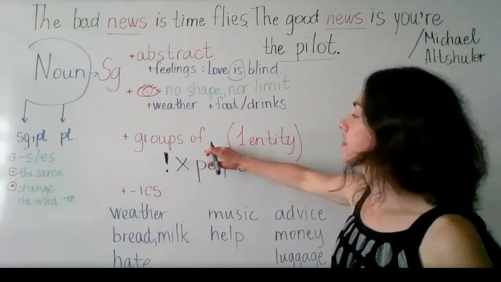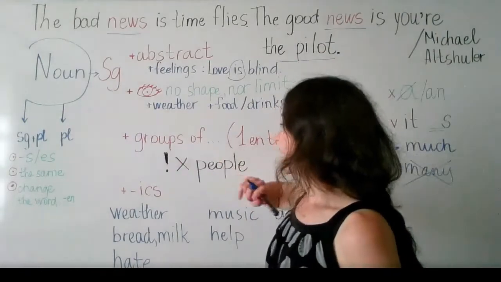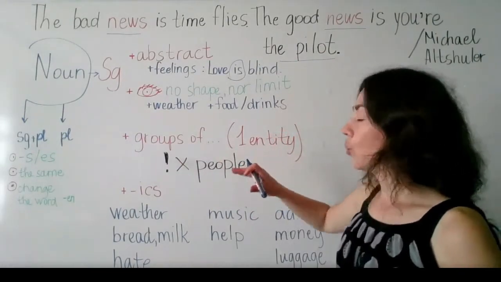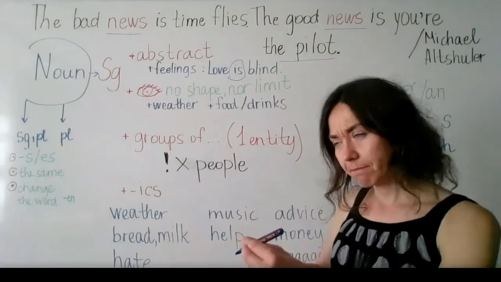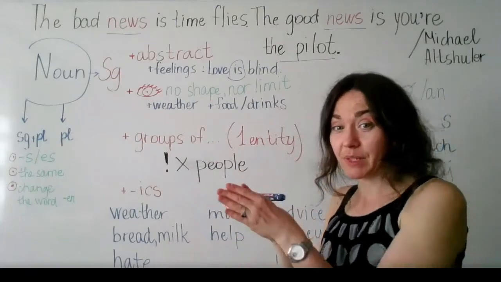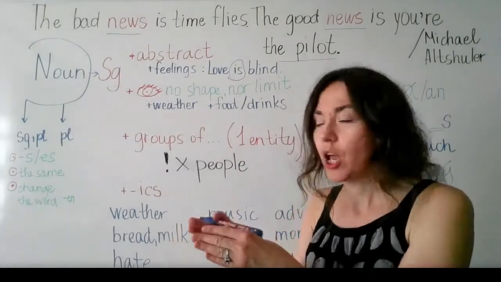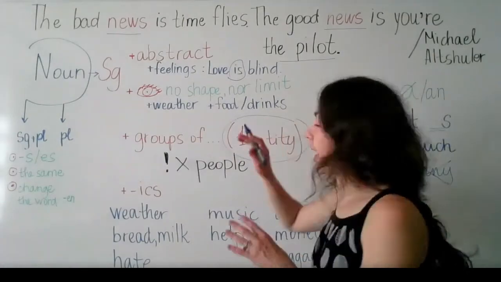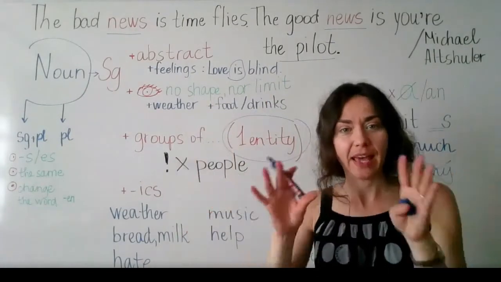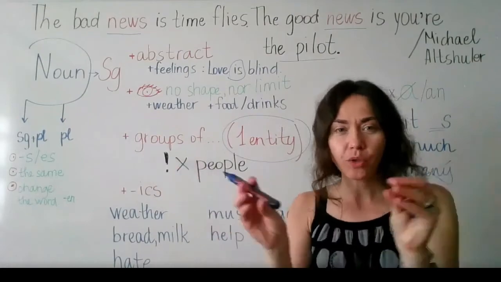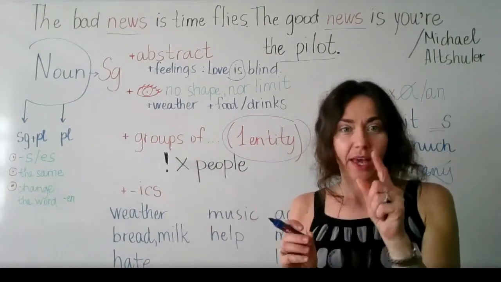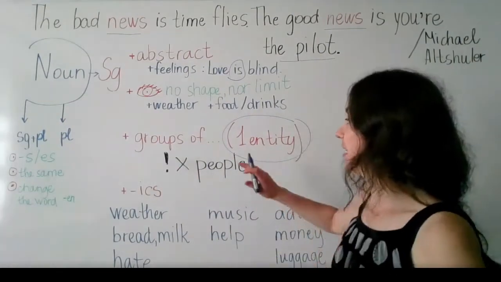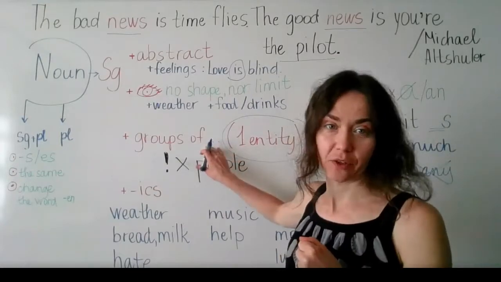Another group of nouns is nouns which, again, you can see, you can feel, you can sometimes count each of them, but when you speak about them as one thing, as one entity, so all together, everything grouped together, and you describe it with one word, in that case, this word will always be in singular.